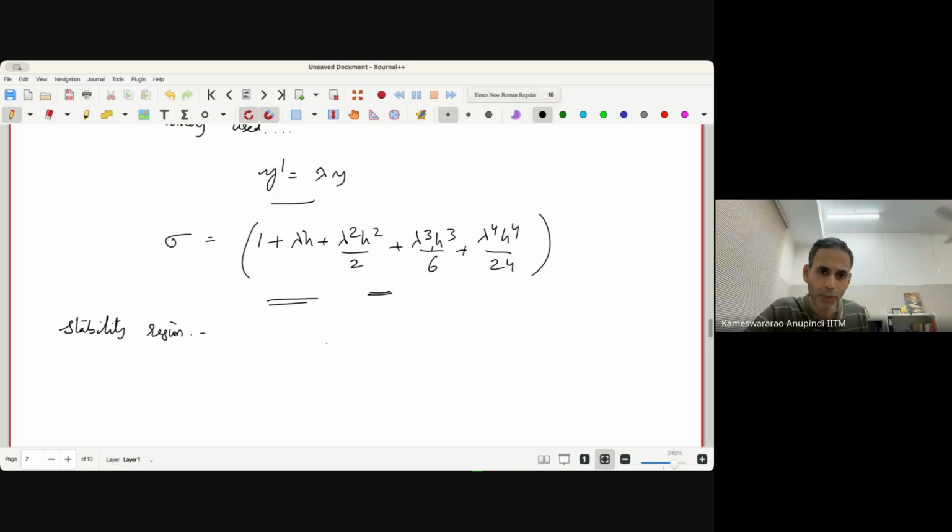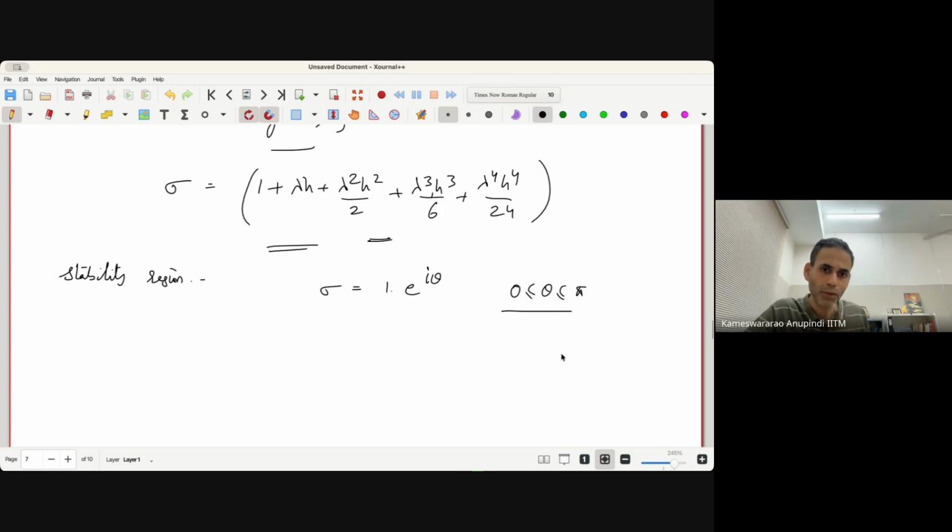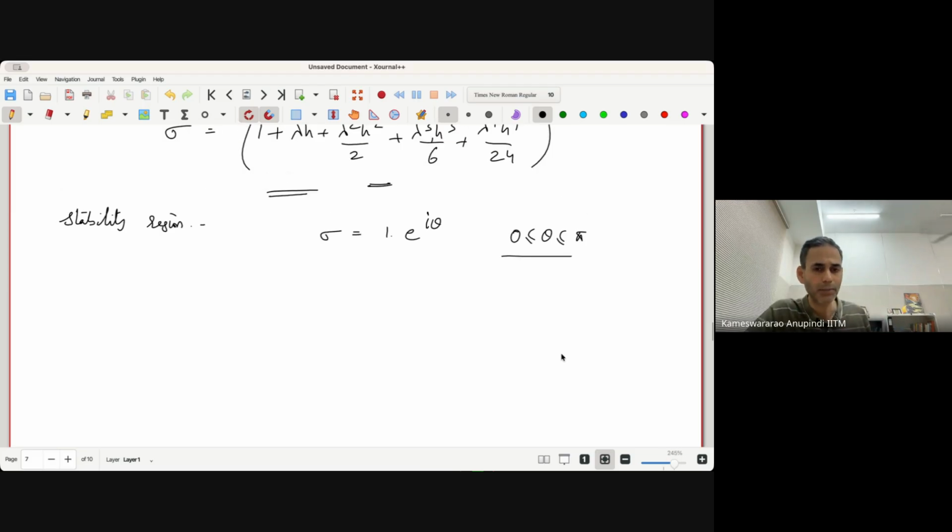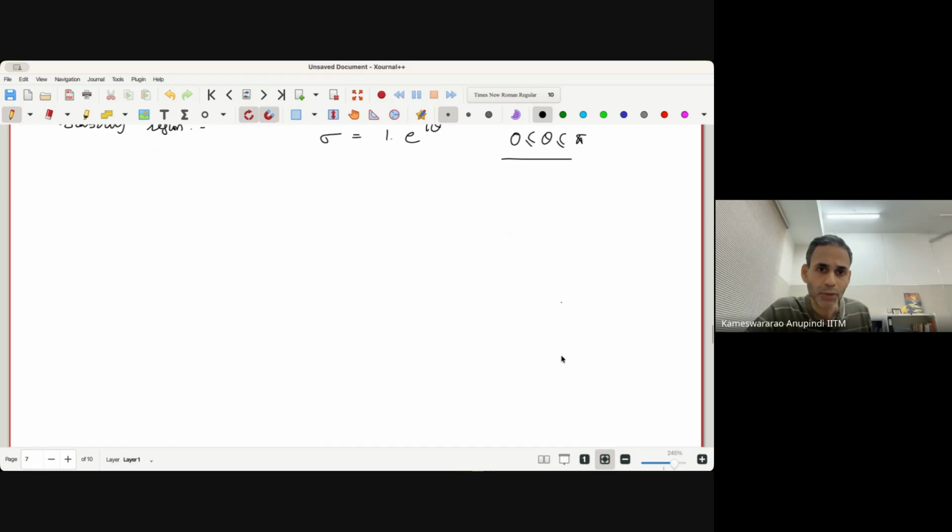I basically would equate this sigma value equal to 1 times e to the power i theta. I'm going to vary my theta from 0 to pi and then calculate the stability region. If I do all this, again using a complex root finding polynomial or root finding method, or a system of nonlinear equations or something, then I'm going to get the stability region.